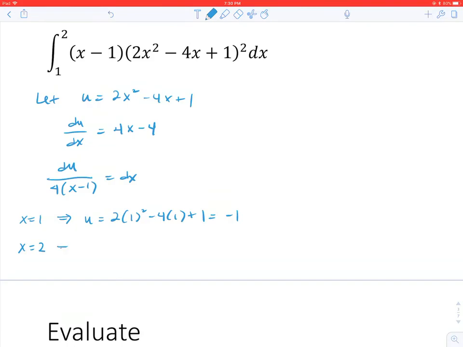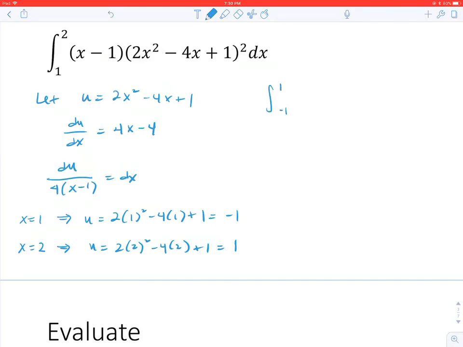So that would be -1. And then I'll substitute 2 into what I let u equal to, so that would be +1.